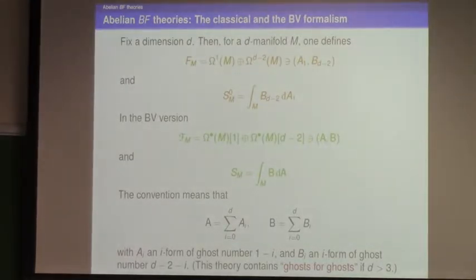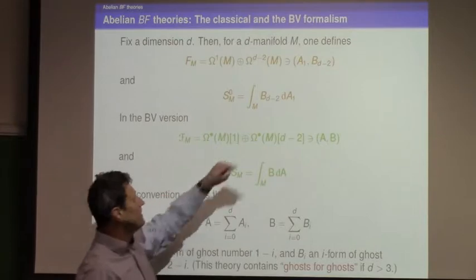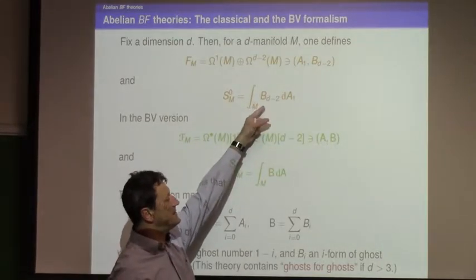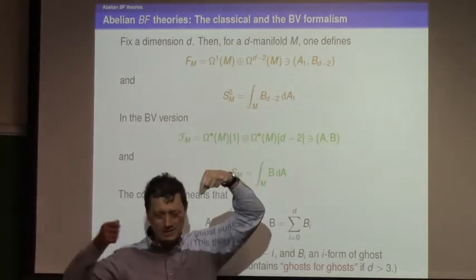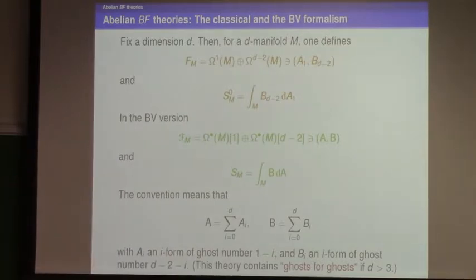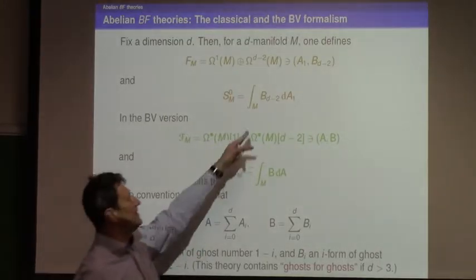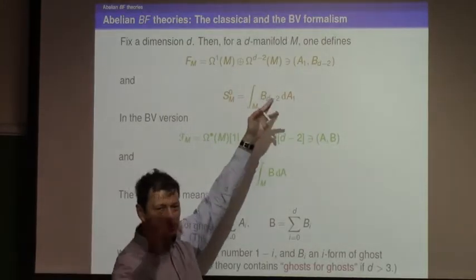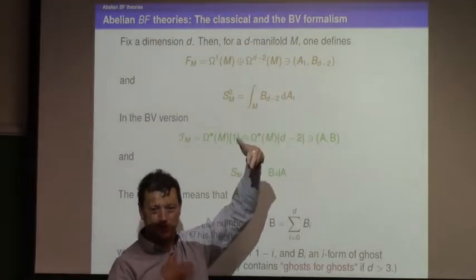The problem is that unless D is equal to 3, you don't see the action of a closed D minus 3 form as trivial. Okay, so one way would be to take D minus 3 forms modulo closed ones as your gauge algebra, so the action will be free.